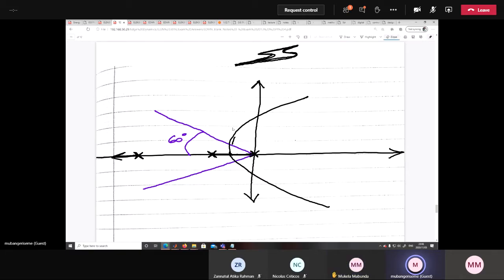Now it's drawn quite badly, but let's say for argument's sake, this here is 60 degrees. Okay, fine.